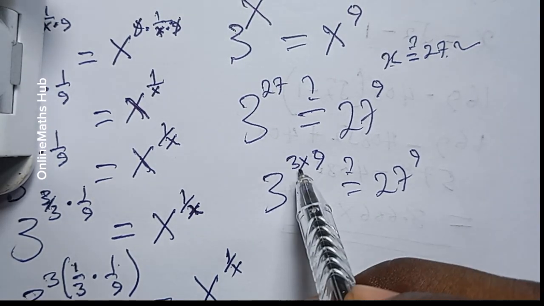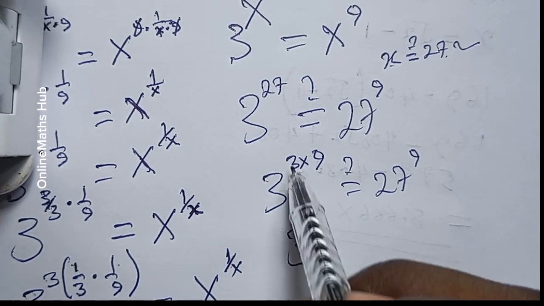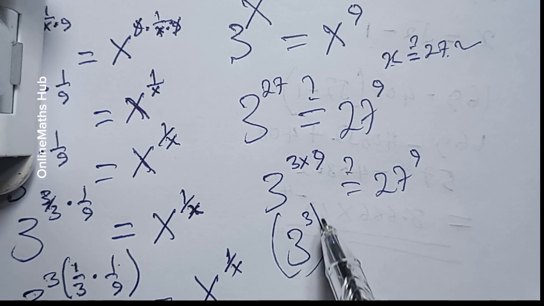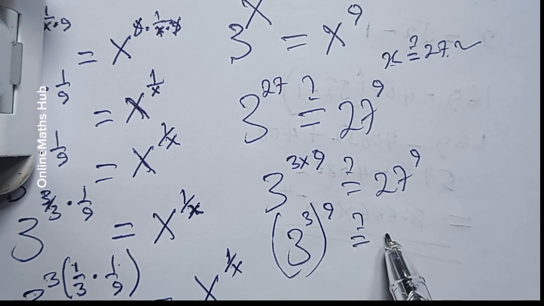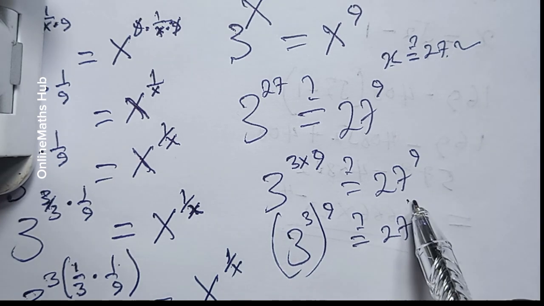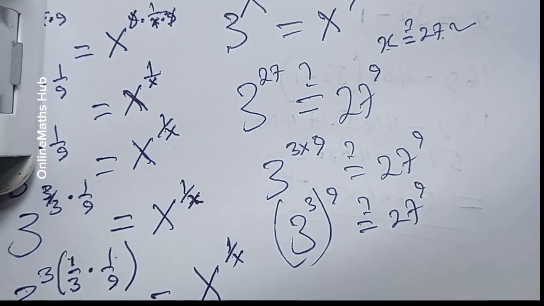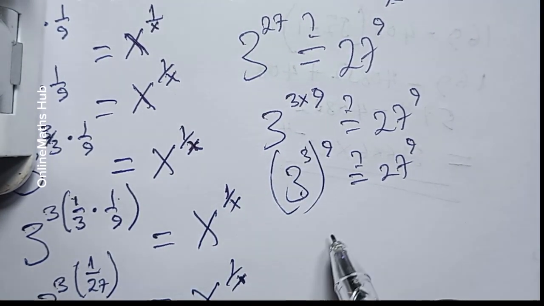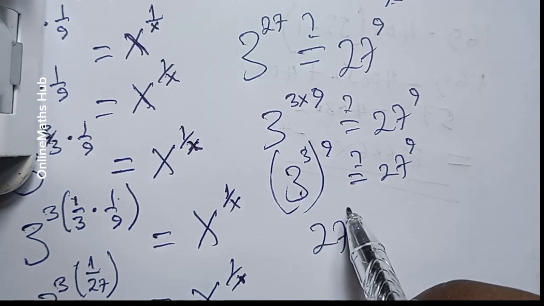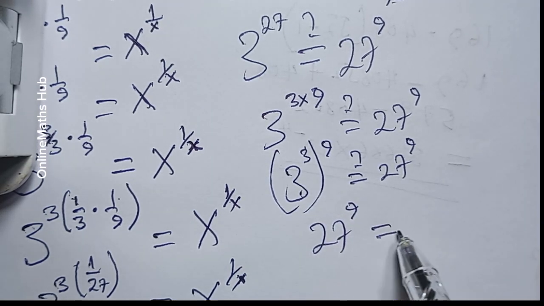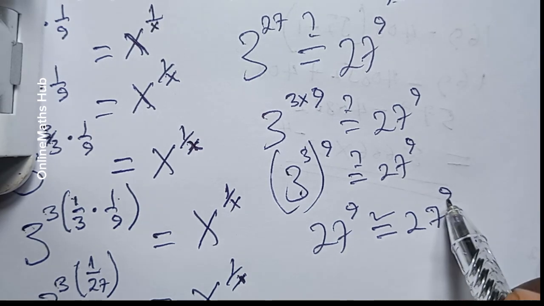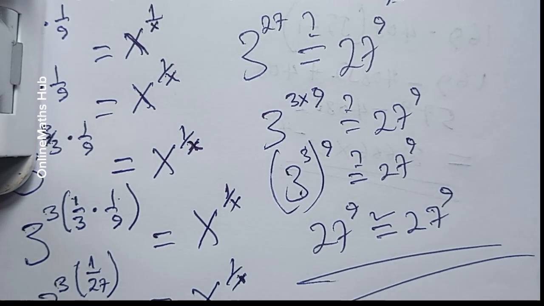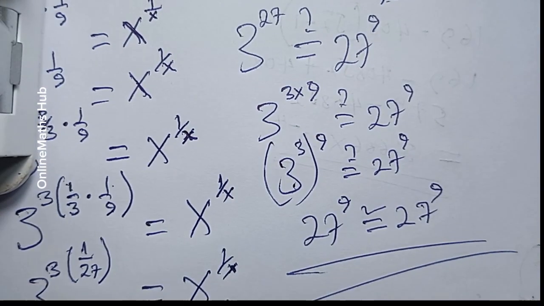Obviously you can see that I can split these as 3 power 3 and then multiply by 9. We want to find out whether this will give us 27 power 9, and 3 power 3 here is 27, power 9. Obviously you can see that it is still the same as the left hand side. So this is basically how you solve this kind of problem.